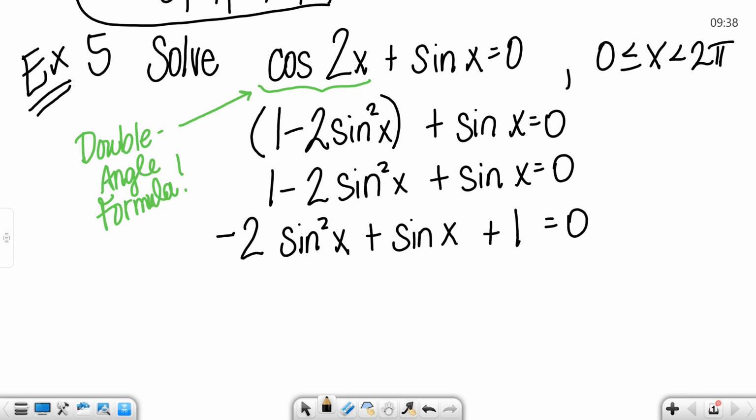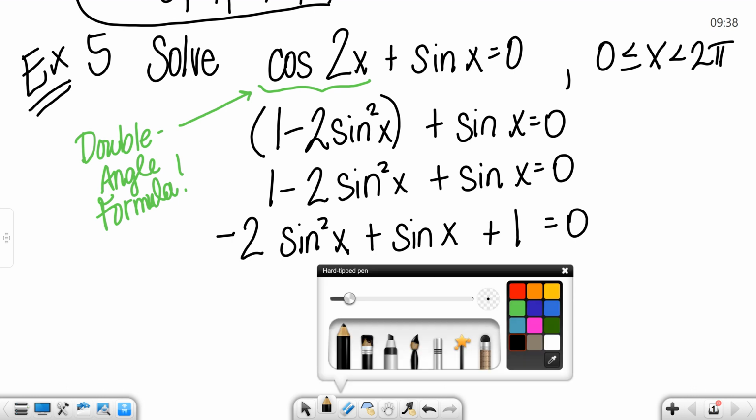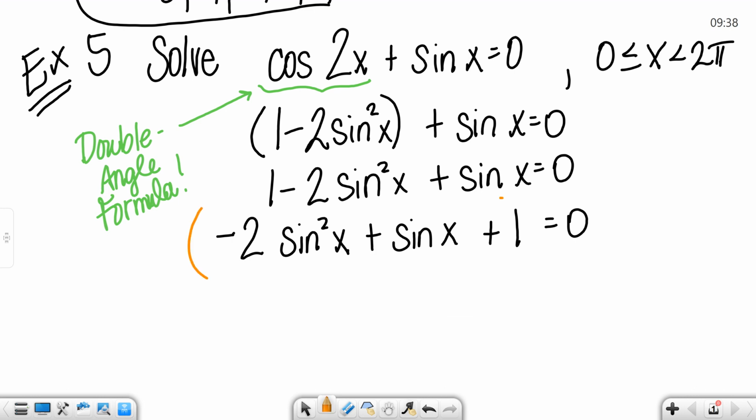All right. So again, this is one of those where we are going to have to factor like we did in example 3. Okay, this is a quadratic equation. Now, the problem with factoring this one is that leading term is -2, and we don't like to factor with that being -2. So I'm going to multiply both sides, first of all, by -1.